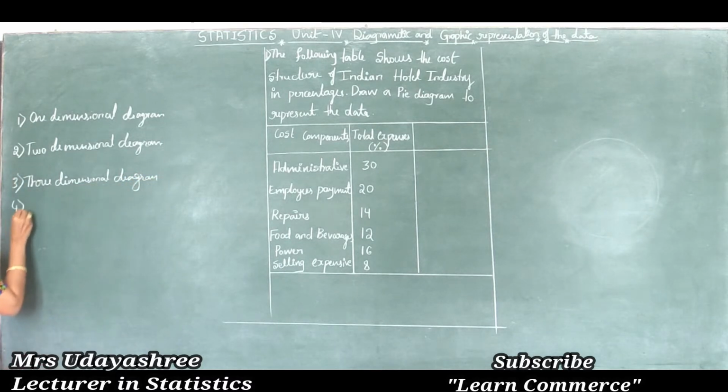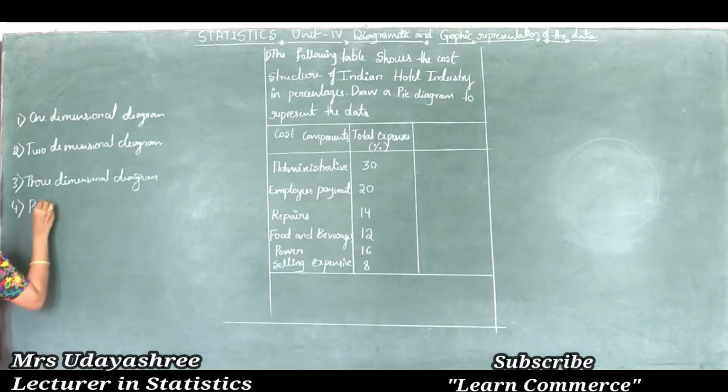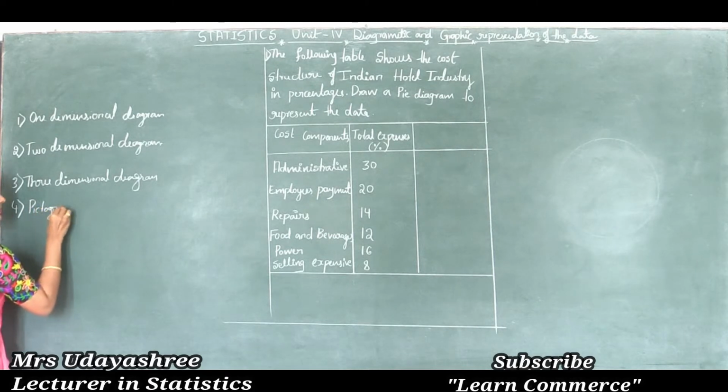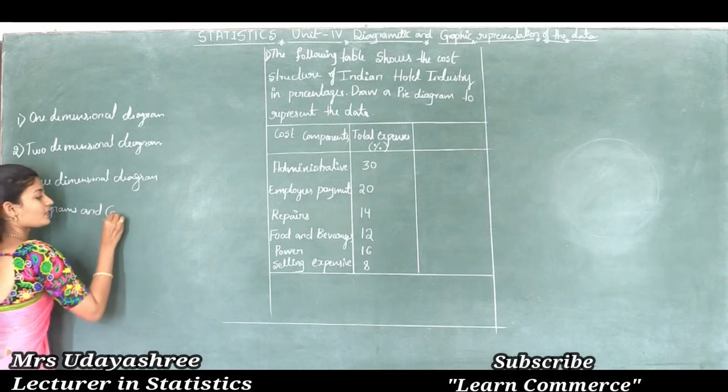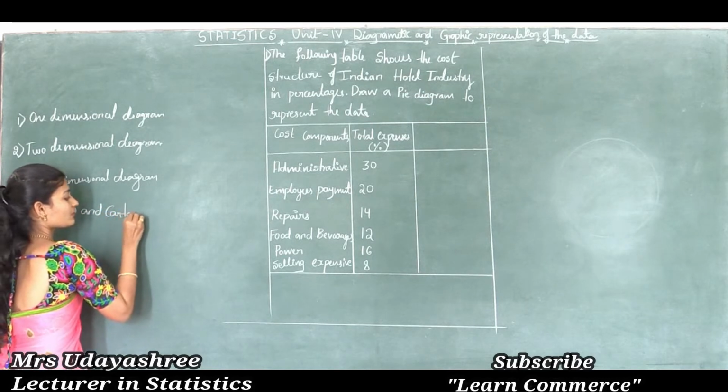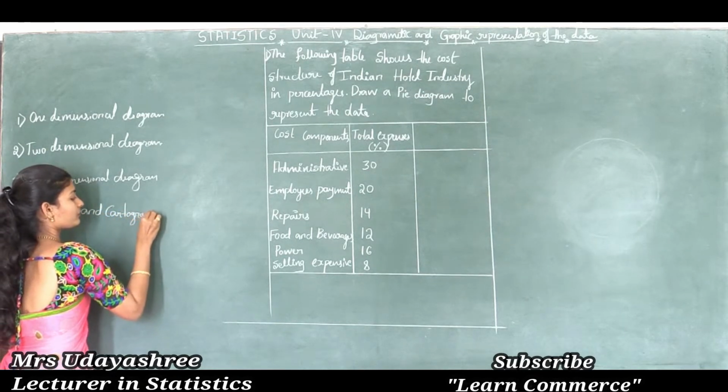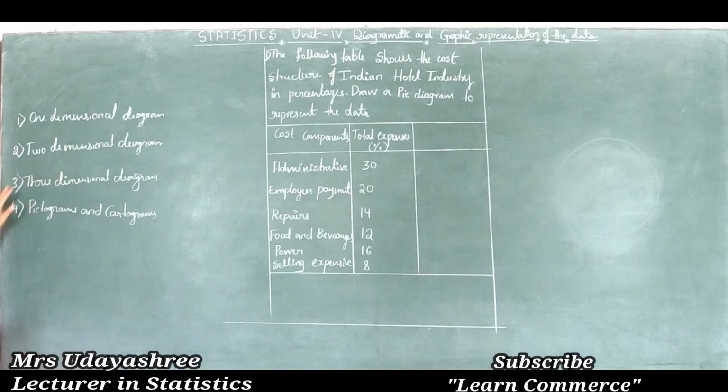The fourth one is pictograms, and cartograms. So these are the types of diagrams: one-dimensional, two-dimensional, three-dimensional, pictograms and cartograms.